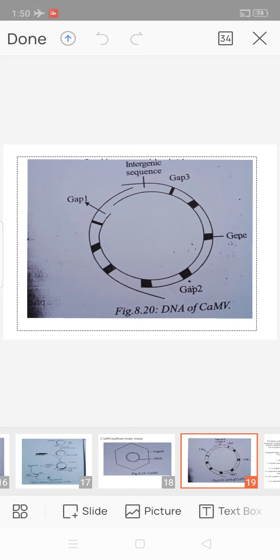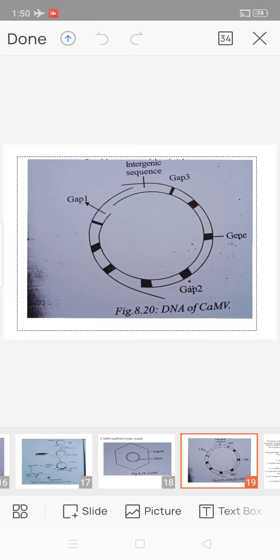If the DNA of the CaMV is to be used as a vector, its pathogenic function should be eliminated. This is done by the elimination of the genes required for aphid transmission, and the desired gene is inserted in the same site.